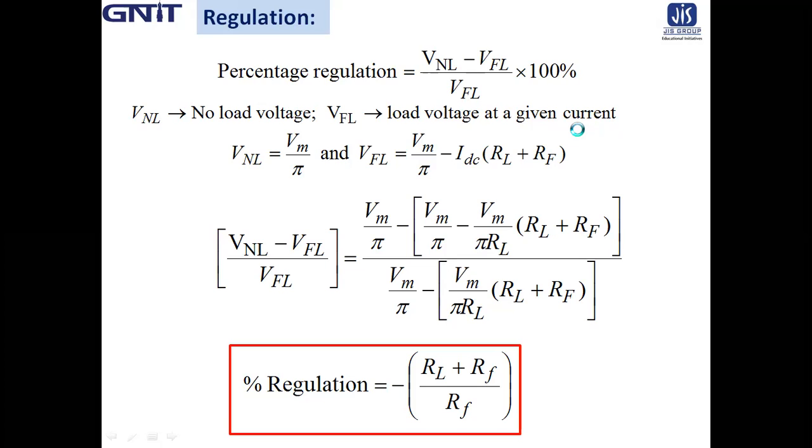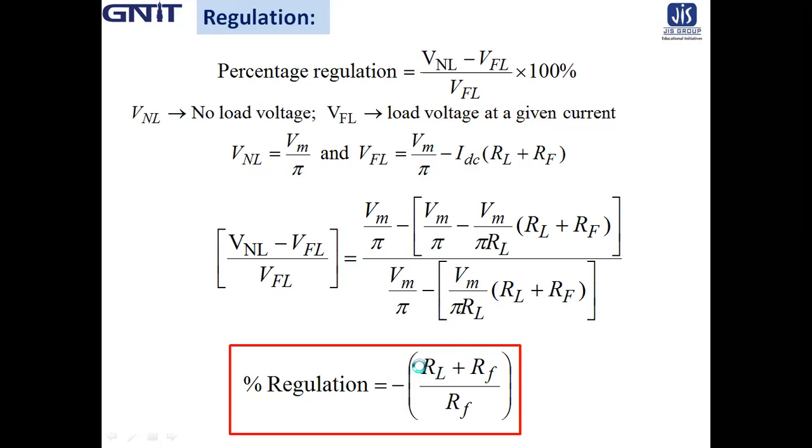For half wave rectifier, VNL equals Vm by pi and VFL equals Vm by pi minus IDC into (RL plus RF). Therefore, the percentage regulation equals VNL minus VFL by VFL, just putting the values of VNL and VFL in this expression.